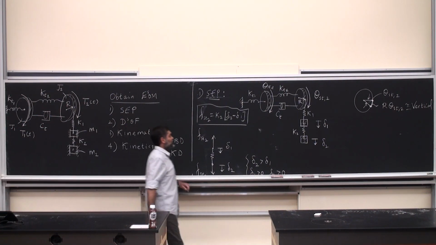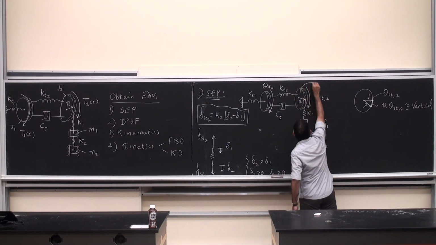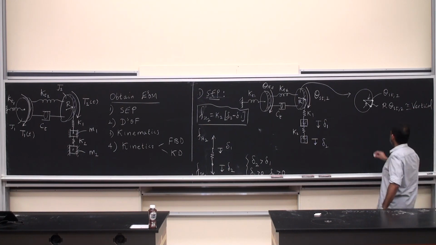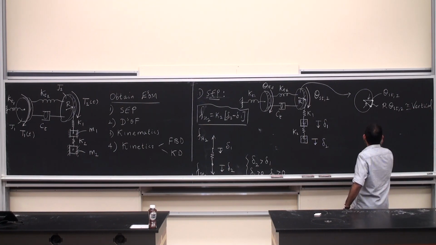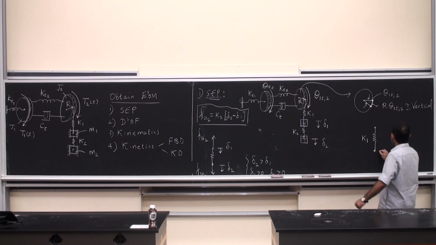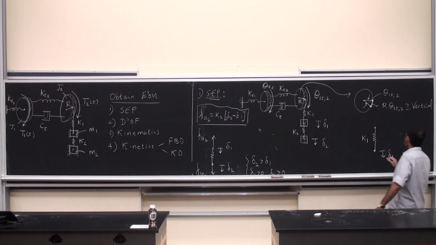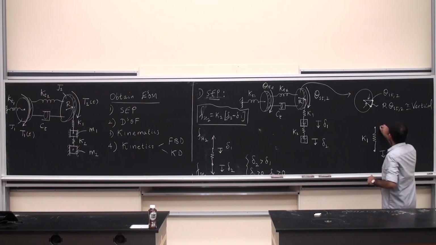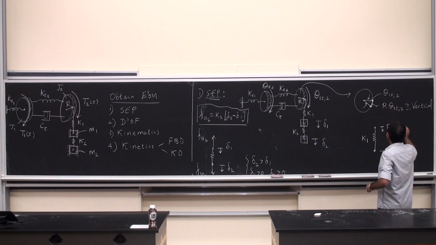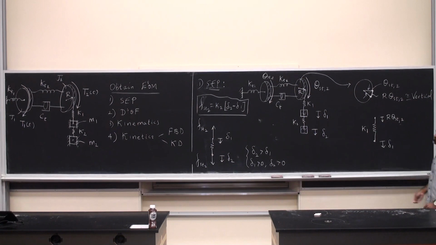Okay, and this is what is happening for this particular disk. And so the end of the spring that is connected to that particular disk is going to follow the following deflection pattern. This is spring K1. The bottom of it is connected to the mass M1, so that's going to be deflected by an amount delta 1. The top is connected to the disk, and so that's going to be deflected by an amount r times theta static 2.